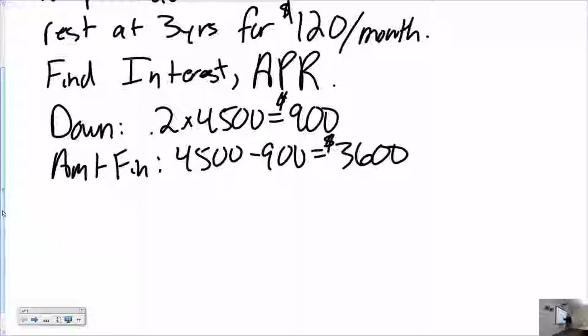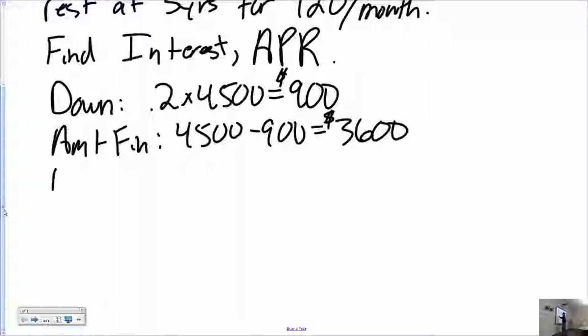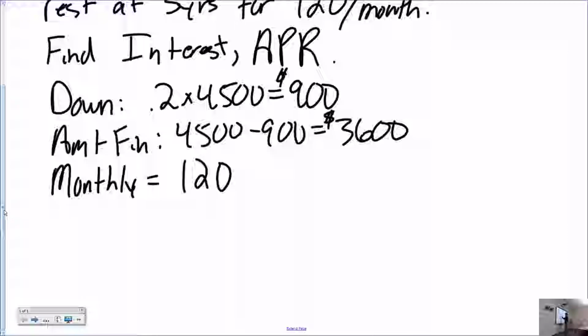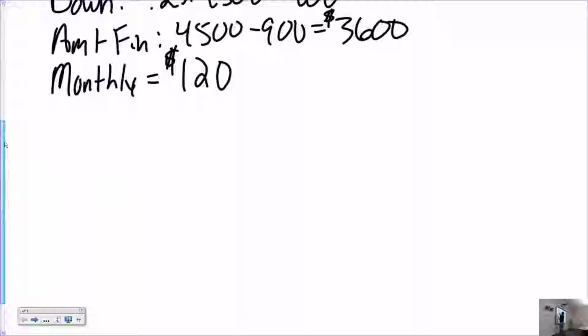All right, so technically, after you do the amount financed, normally you calculate the monthly payment, but how much is our monthly payment? $120. Because I gave it to you. Freebie stuff, right?